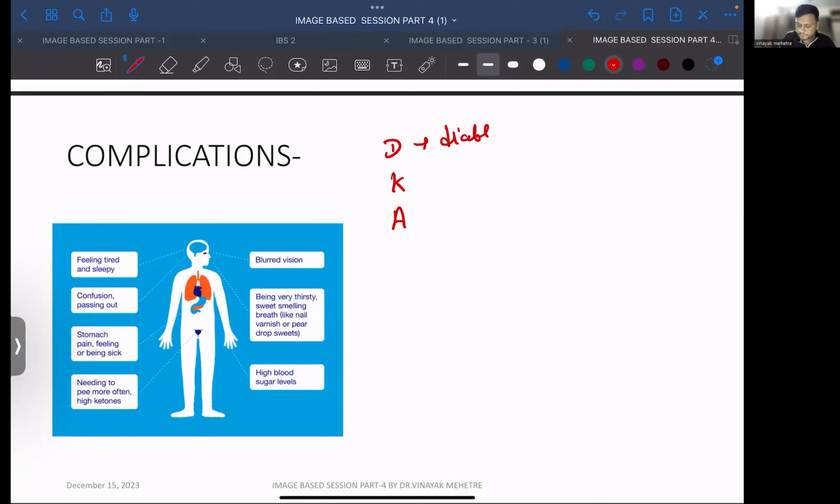Diabetes, K for ketone will be positive, right? And A stands for acidosis. Which acidosis? That will be metabolic acidosis, right? So pH will be acidic, right? This is the feature of diabetic ketoacidosis.